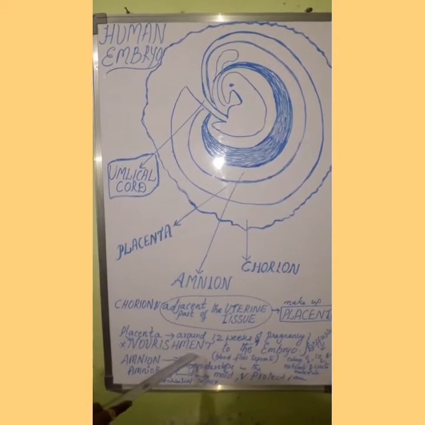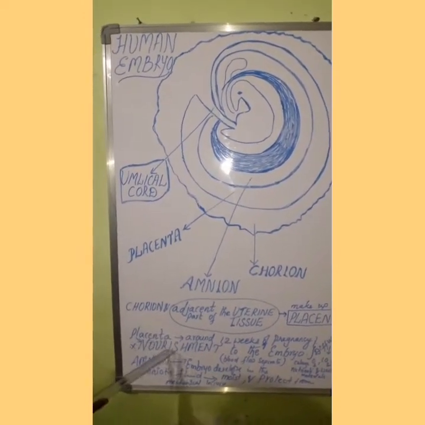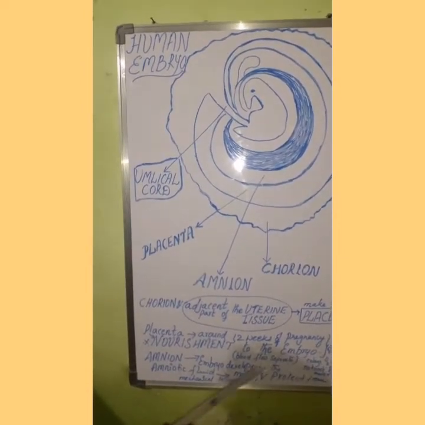It helps in nourishment. The importance of the placenta is that it helps in the nourishment of the growing embryo.